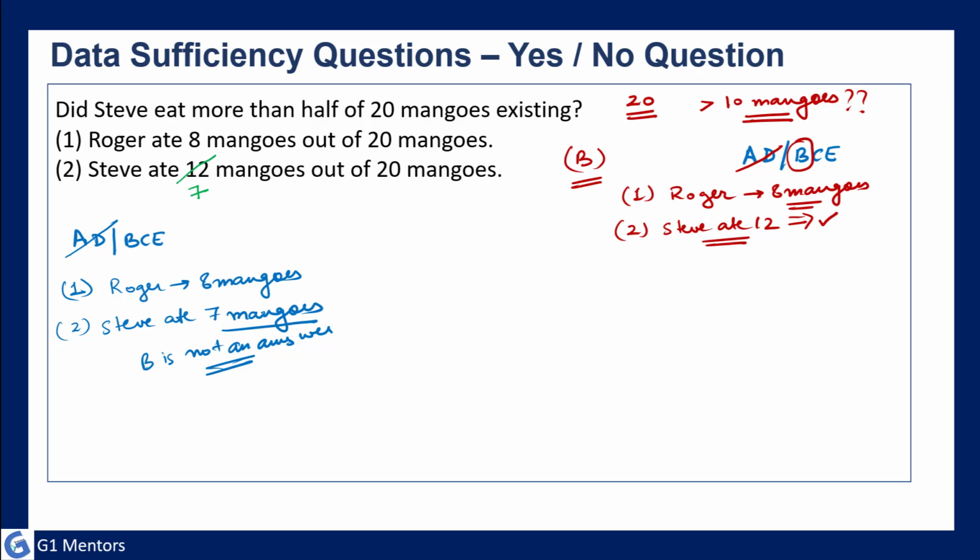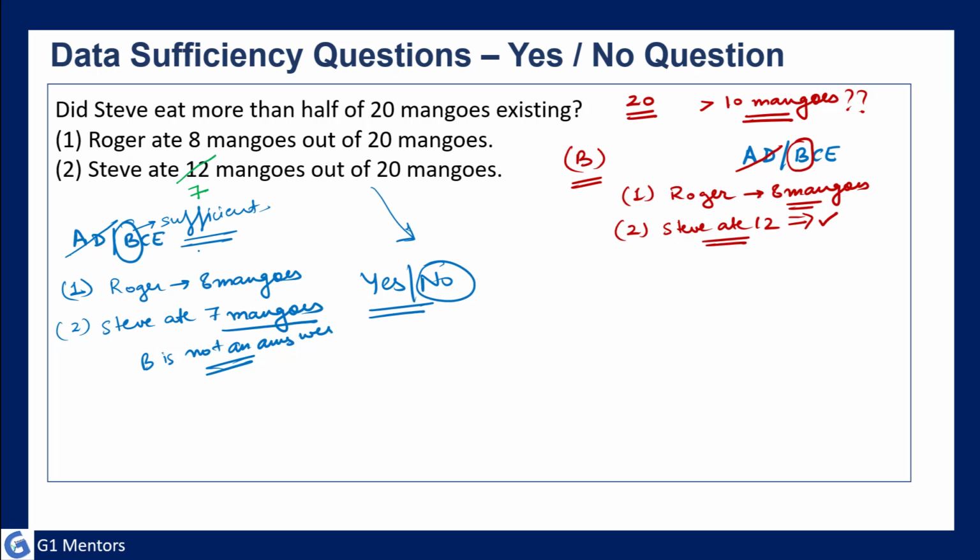Our aim is to find whether statement 2 is sufficient to answer a yes/no question: did Steve eat more than half of the 20 mangoes? The answer is no, and that is coming out of statement 2 alone. So B is the correct answer. Statement 2 alone is sufficient to answer this question. Do you get the trap in the question?